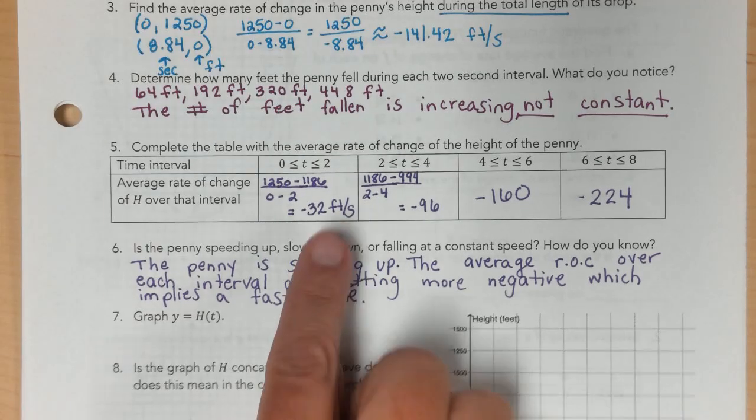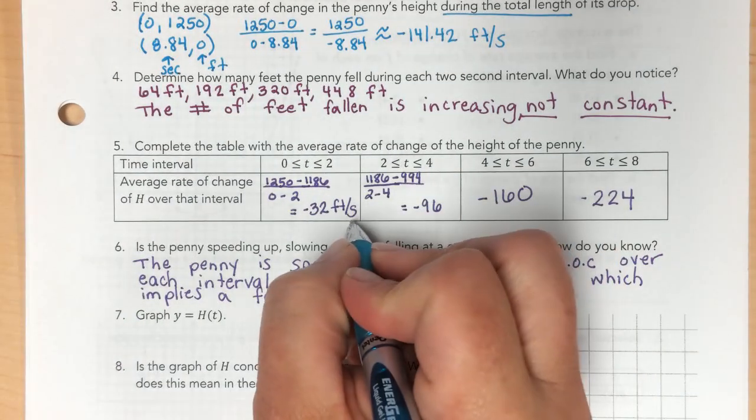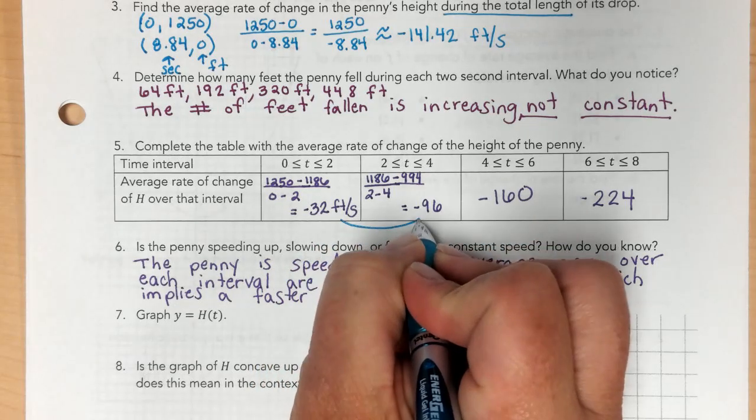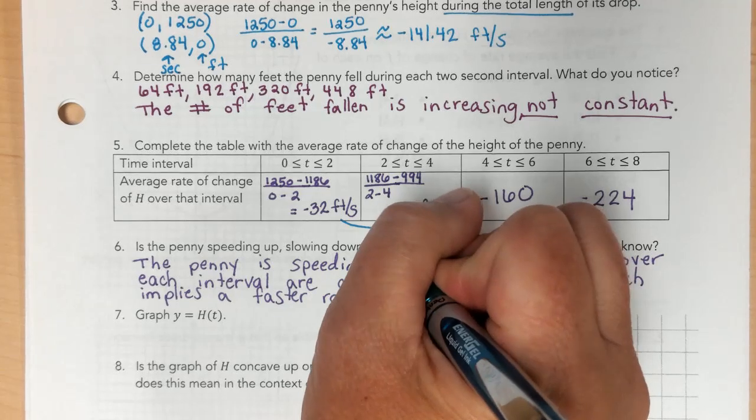But if I look down here, how do I get from negative 32 to negative 96? You add 64.